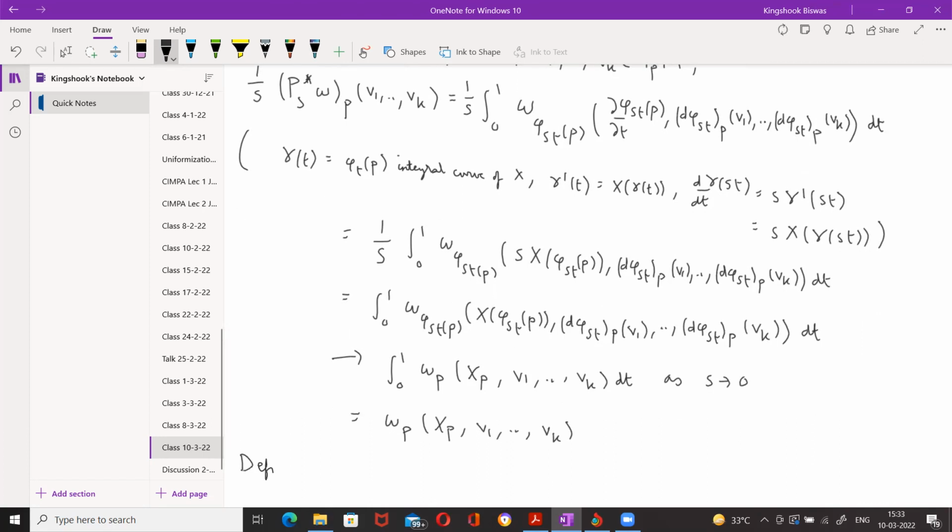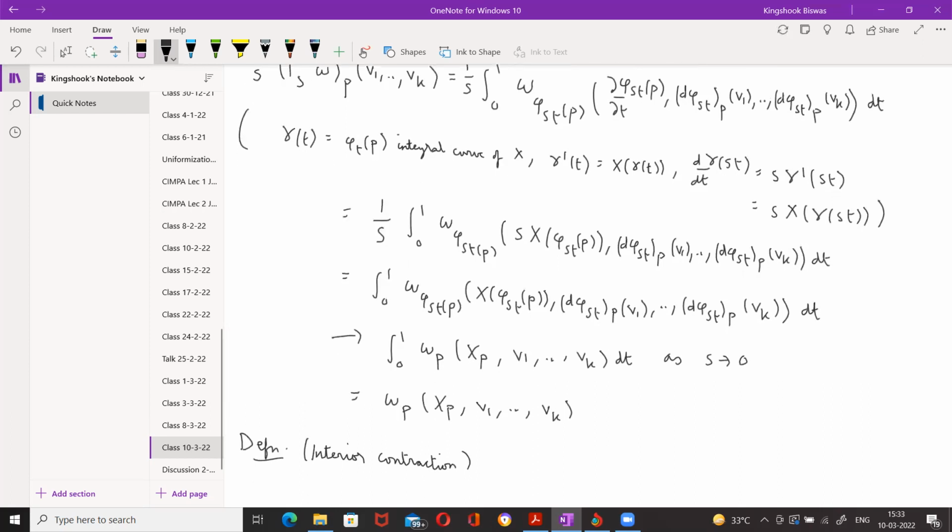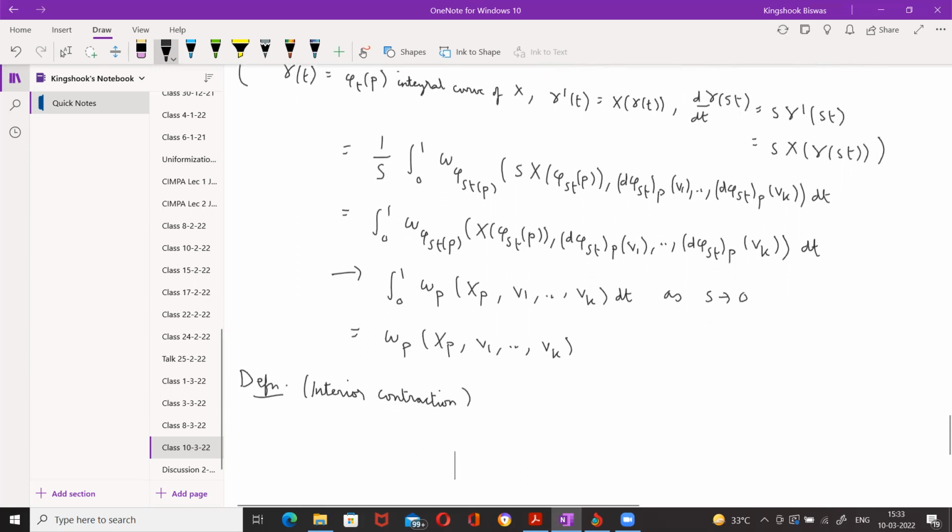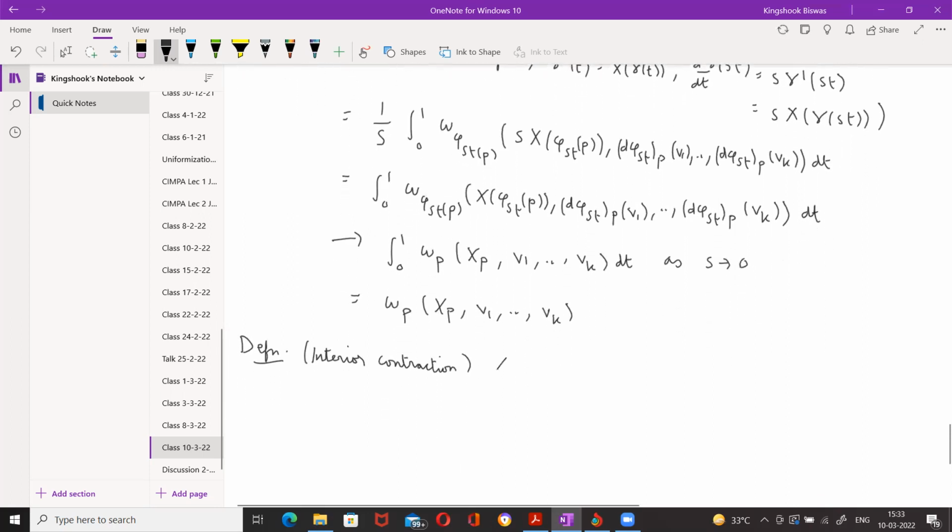So, interior contraction. If x is a smooth vector field and omega is a k plus 1 form, define a k form i_x omega. This is the interior contraction of omega with x.